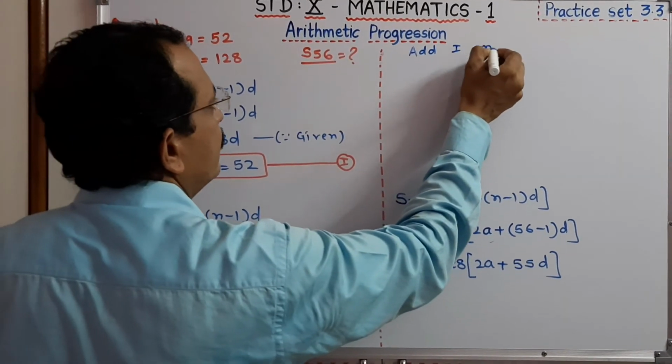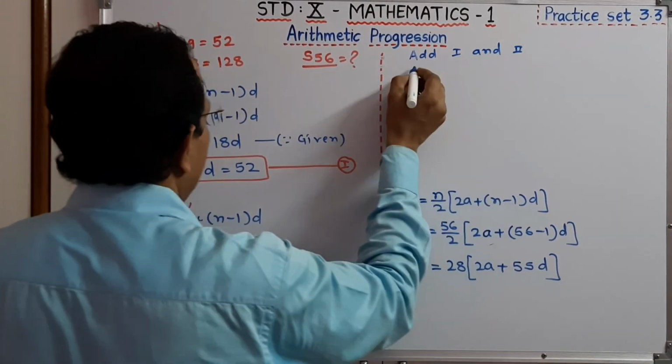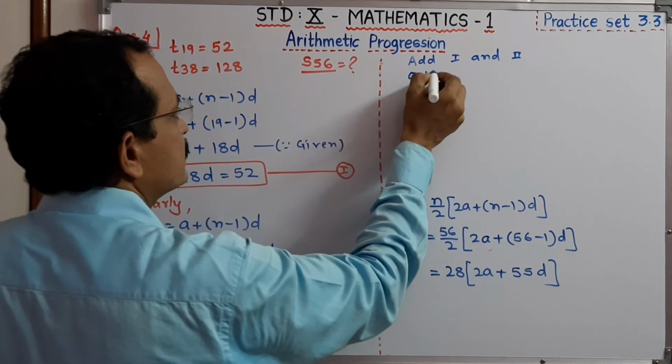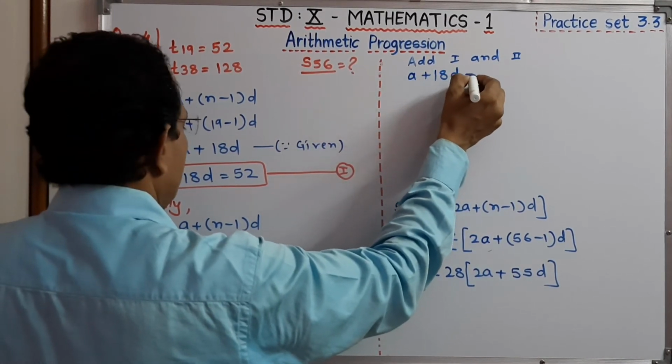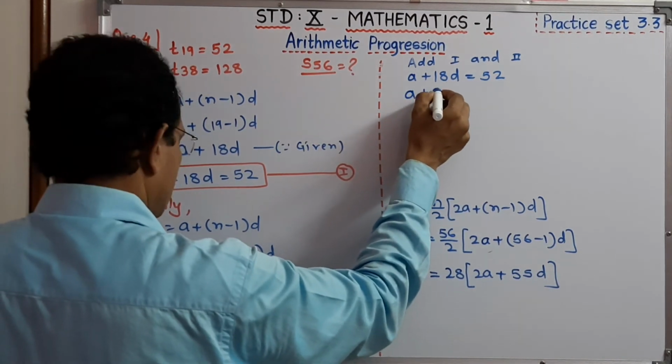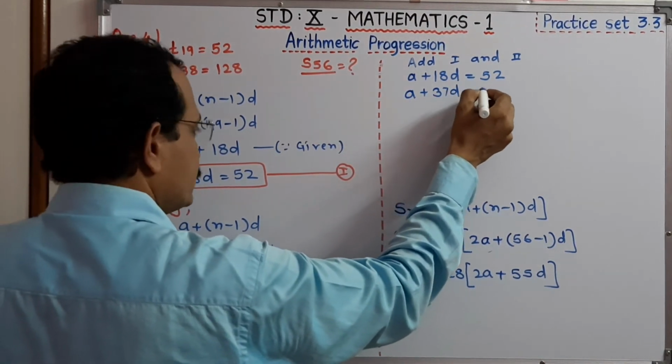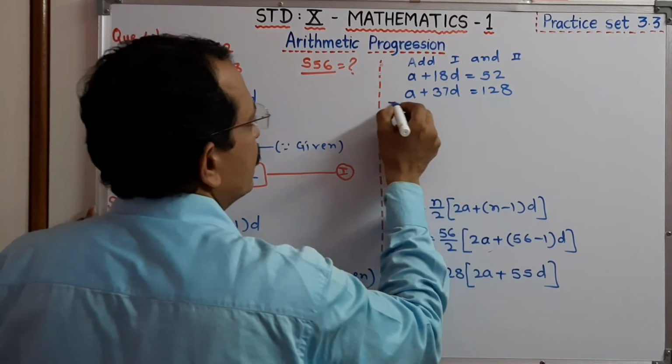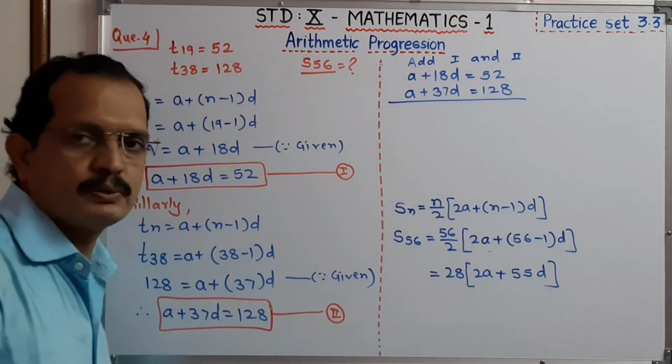Here a plus 18d is equal to 52 and a plus 37d is equal to 128. Now we have to do the addition of this.